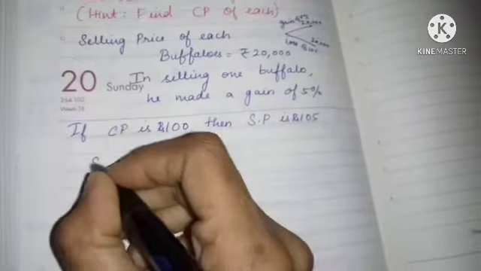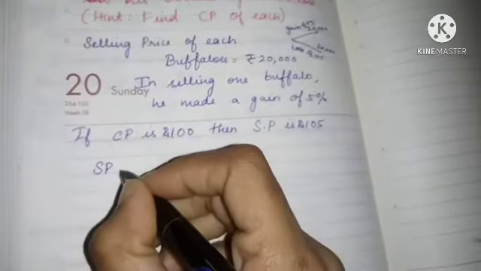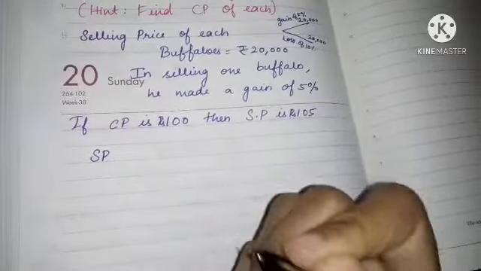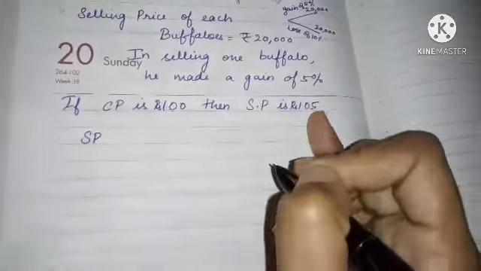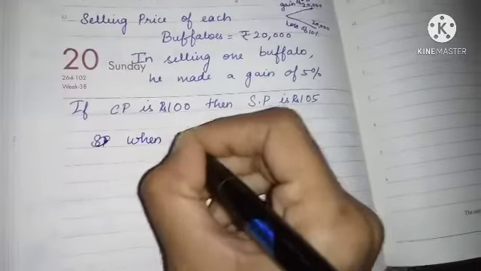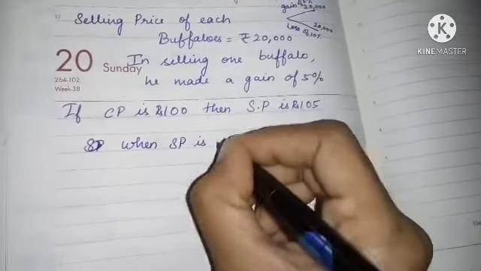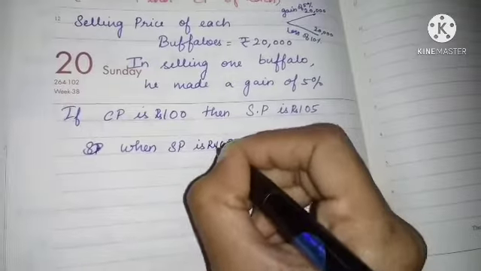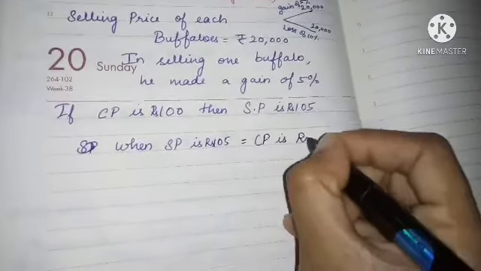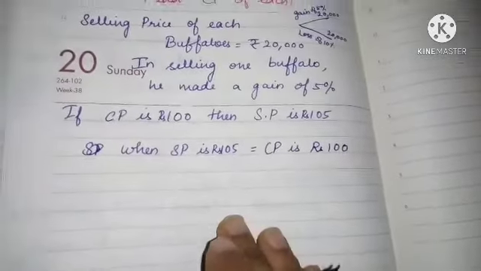So when selling price is 105 rupees, cost price is 100 rupees. Correct? When selling price is 105 rupees, cost price is 100 rupees. Yes?